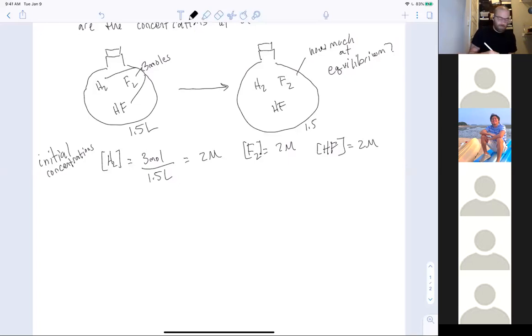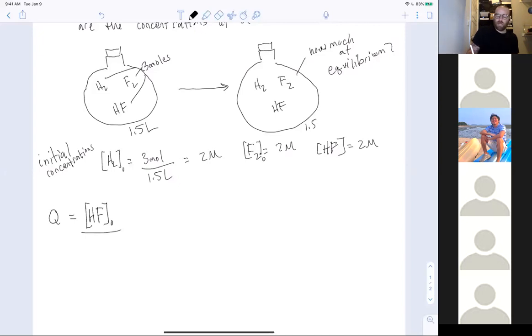Okay, so let's start by writing out an expression for Q. K is the equilibrium condition. Q, we can take at any point. I'm going to put a little zero on here. Let's put zeros on all of these, actually.